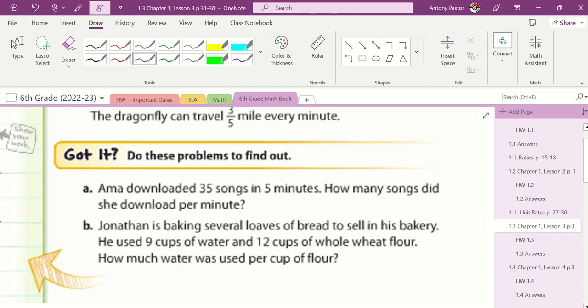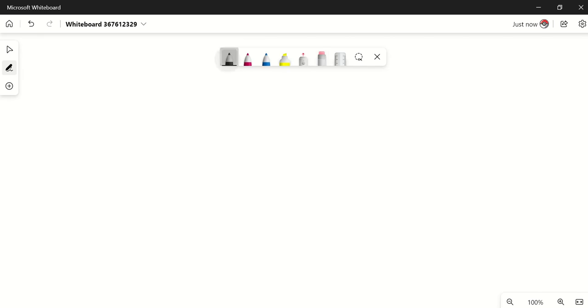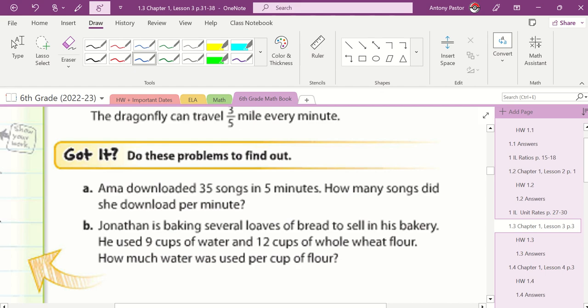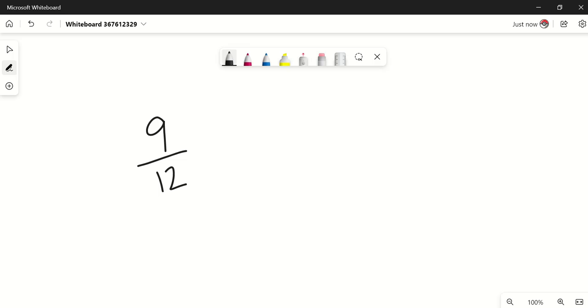Flour now has to be our denominator because we want to know what the denominator is as a unit. So this dictates that it's going to be 9 over 12. 9 cups of water over 12 cups of whole wheat flour. This is saying for every 9 cups of water, they're using 12 cups of flour. Same the opposite way. For every 12 cups of flour, there are 9 cups of water.